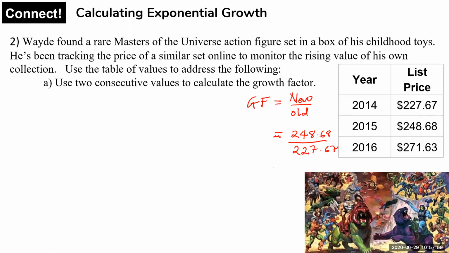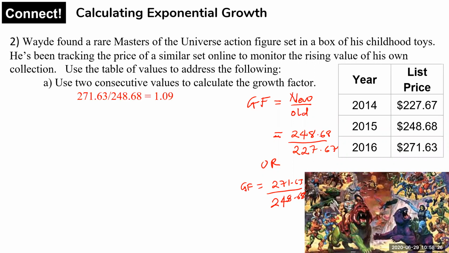You can also check if you want to use 2016 and 2015, and you get the same value, 271.63 over 248.68. Either of these will give you the growth factor.